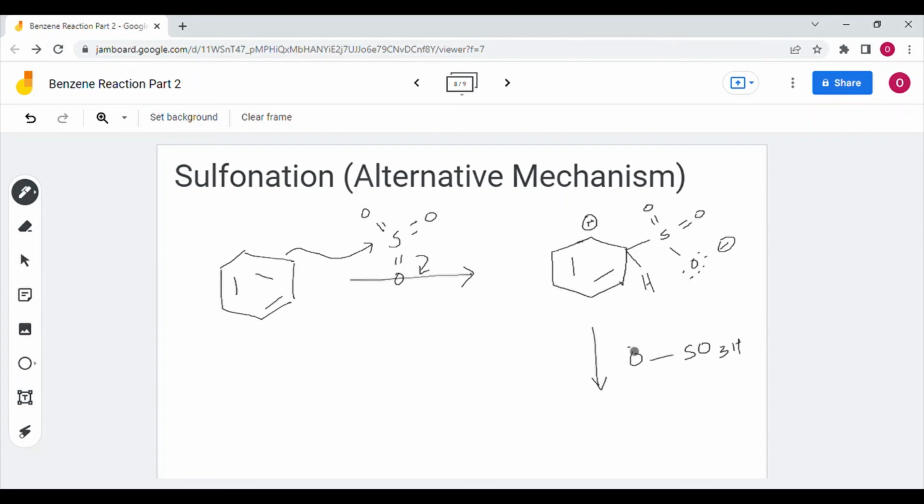Basically, this oxygen is going to deprotonate this hydrogen, thus reforming aromaticity here. So now we form this benzene that's aromatic. However, we still have this negatively charged oxygen that we need to take care of now.